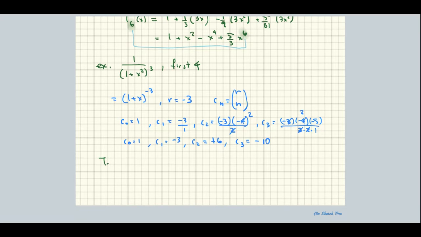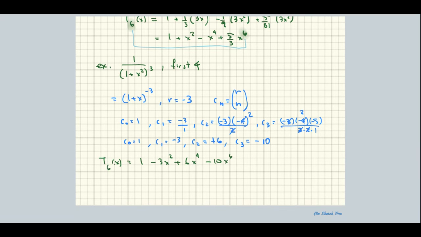I get T of x is 1 minus 3x plus 6x squared minus 10x cubed, except that none of the x powers is right. So I'm plugging in x squared. X squared is x to the 4th. X squared to the 1st is x squared. Squared is x to the 4th. Squared cubed is x to the 6th.